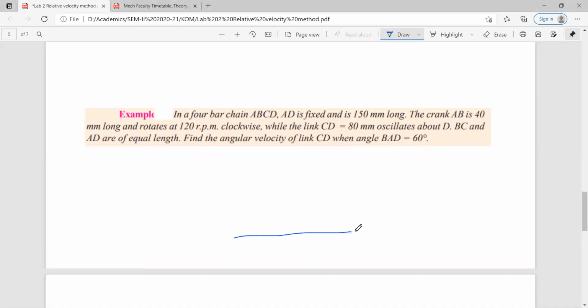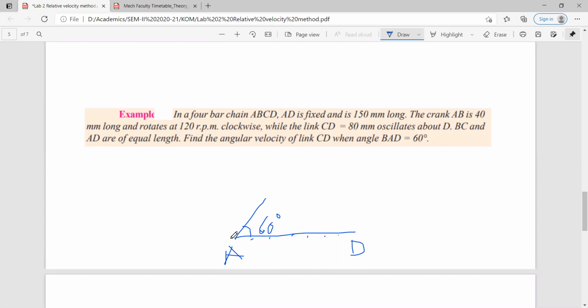So if you draw AD, line AD, which is fixed, say this is horizontally fixed AD. So angle BAD is how much? 60 degree. So angle BAD, you can read it like this, or DAB. So this particular angle will be your 60 degree.